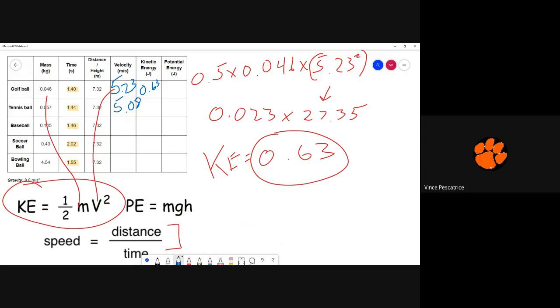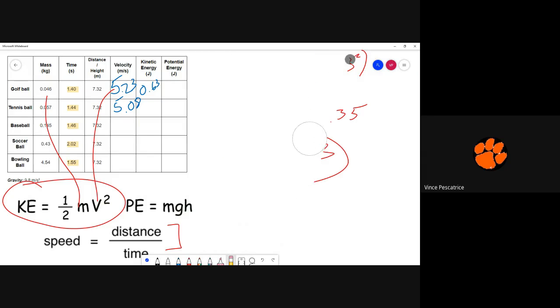Now we'll do it for the tennis ball one more time, just so you get the hang of it. So again, for the tennis ball, I'm going to be using, oops, wrong one. The tennis ball's velocity is there, and the tennis ball's mass, which is there. And you simply plug in the same formula, but you just use different numbers.